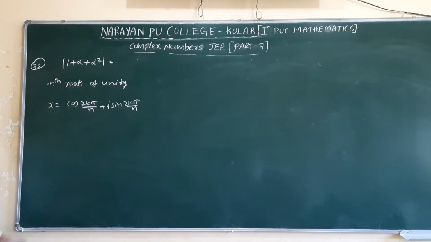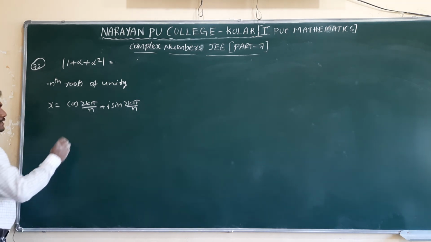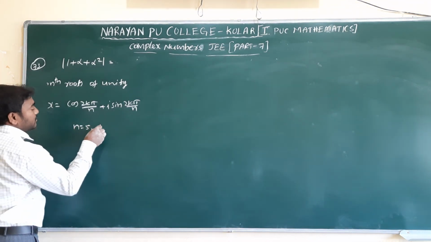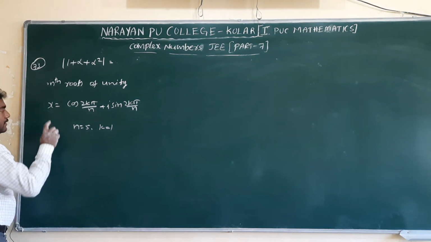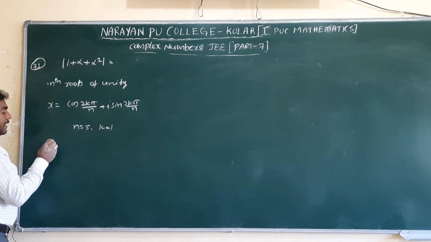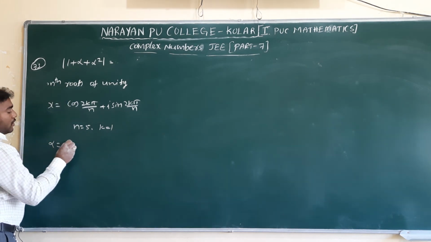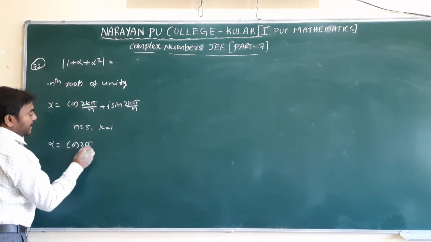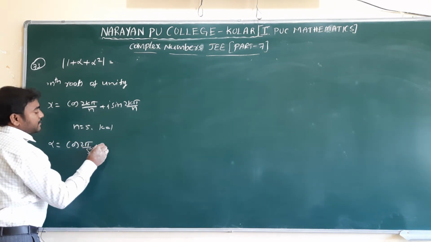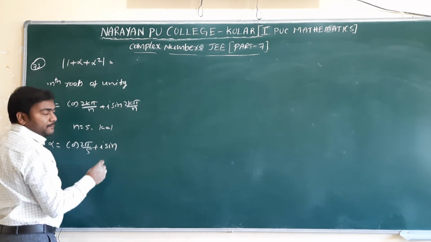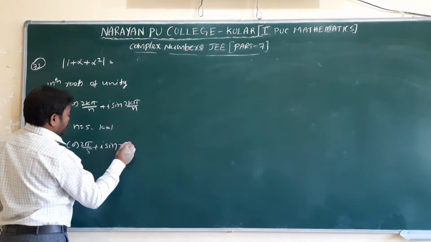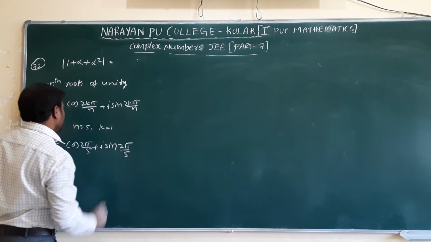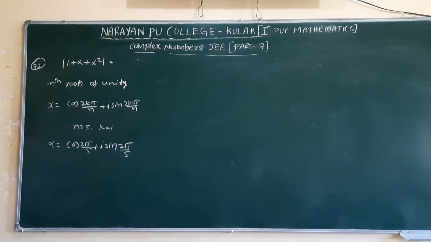Because in the fifth root of unity we have to give the value n equal to 5 and k value 1. Putting n equal to 5 and k equal to 1, we get x, which we call alpha, equal to cos 2 pi by 5 plus i sin 2 pi by 5.